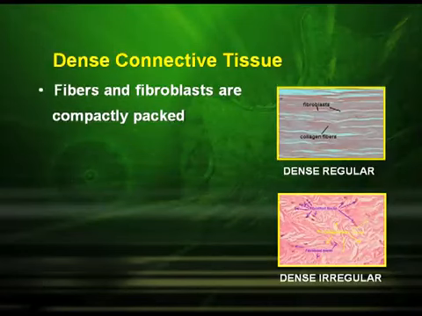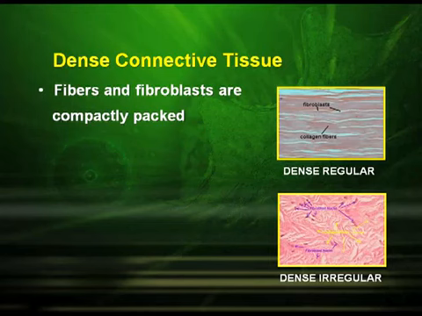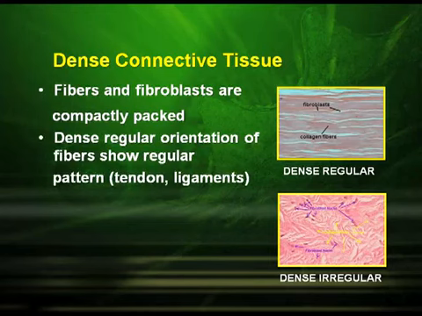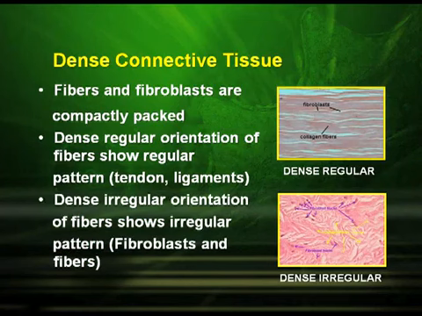In the dense connective tissue, the fibers and fibroblasts are compactly packed. In the dense regular type, the orientation of fibers shows a regular pattern, which is seen in the tendons and the ligaments. The dense irregular orientation of fibers shows an irregular pattern.